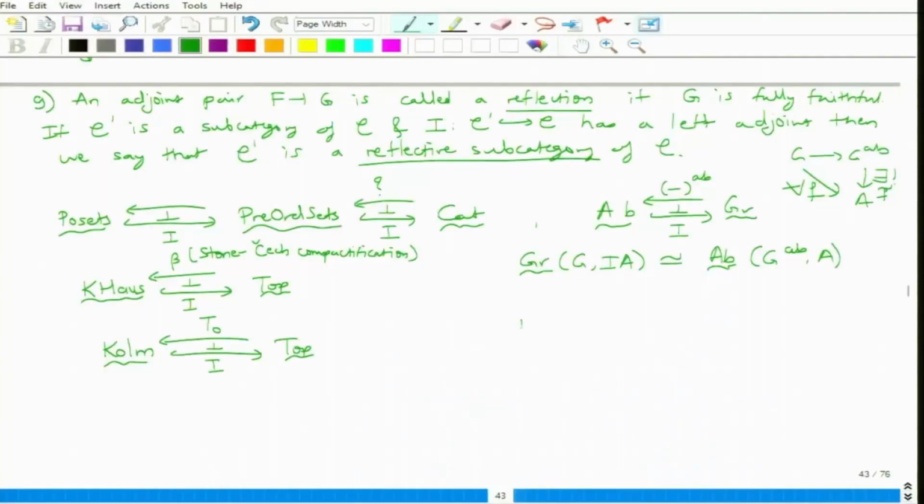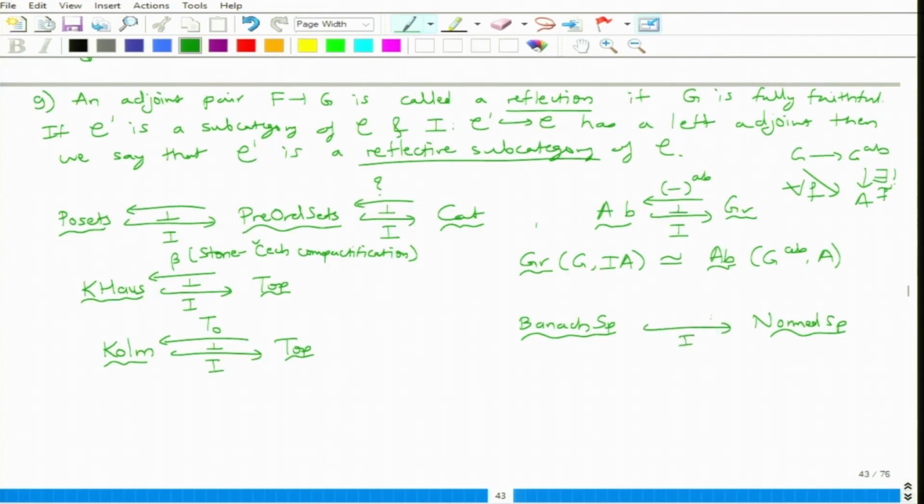Let's look at one more example, because category theory and analysis don't really go well with each other. So what are Banach spaces? Normed linear spaces which are complete with respect to the norm. Take normed linear spaces with bounded linear maps as the category, and take its full subcategory of Banach spaces.